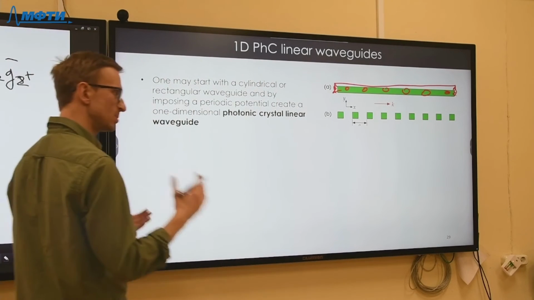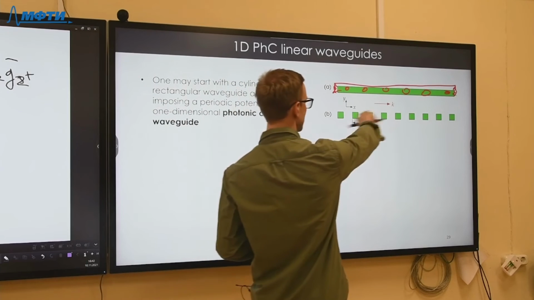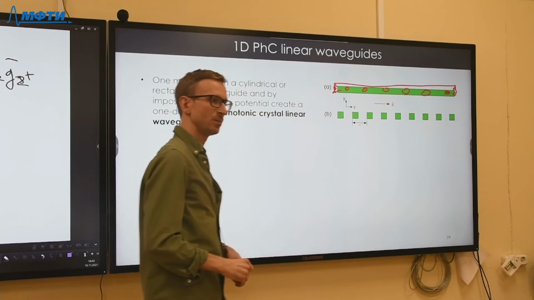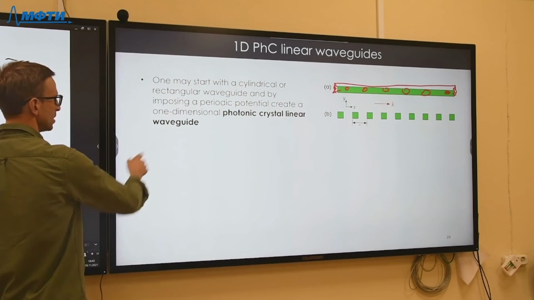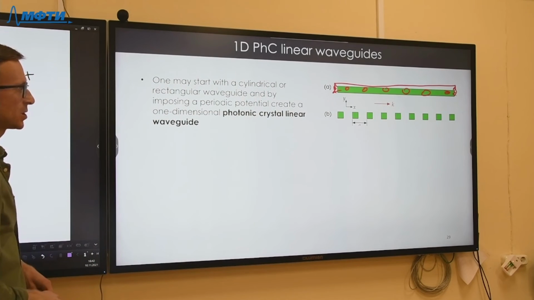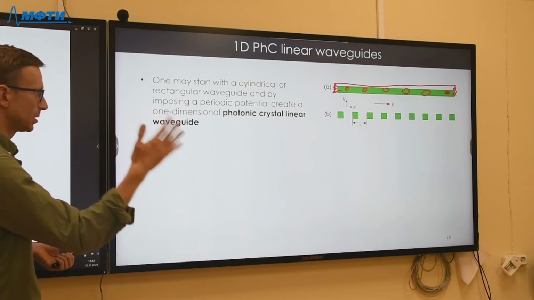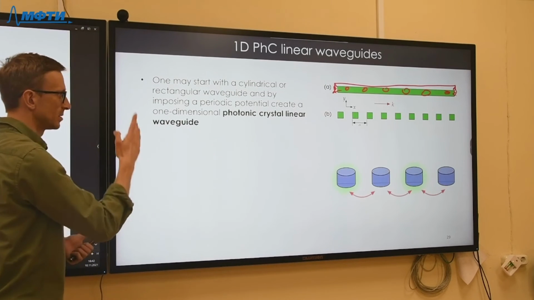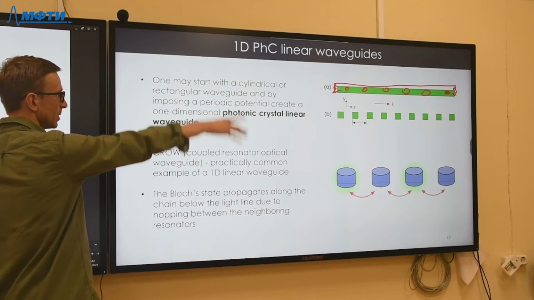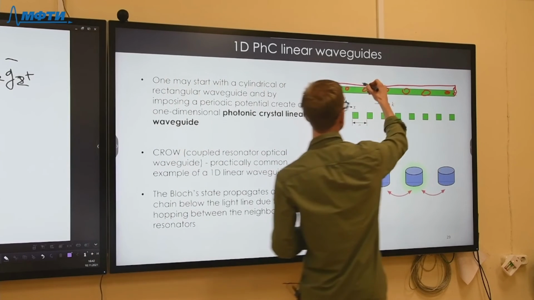However, the system is still periodic. It is periodic along the x-axis, and therefore the Bloch theorem applies. And we can try to find localized solutions of the system below the light line. Then the light line will protect us from radiation to the environment.